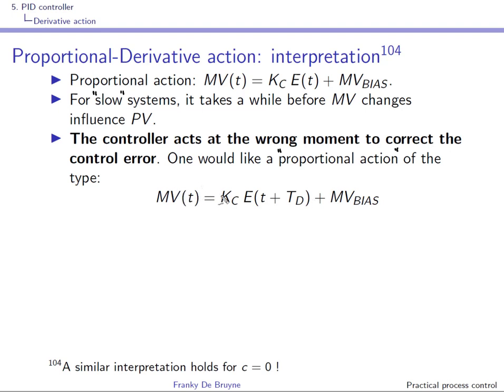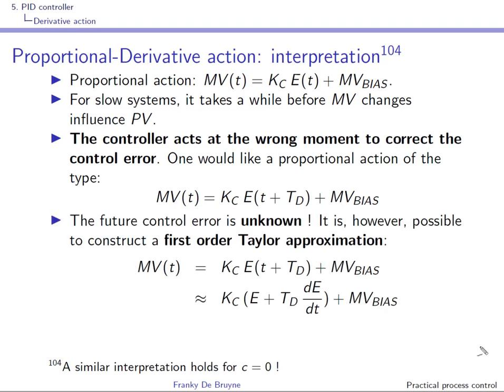So MV is proportional to the error in the future, where TD is the anticipation in the future, plus some bias. Of course, the future control error at T plus TD is not known at time T. But it is possible to construct a first order Taylor approximation of the error at T plus TD.